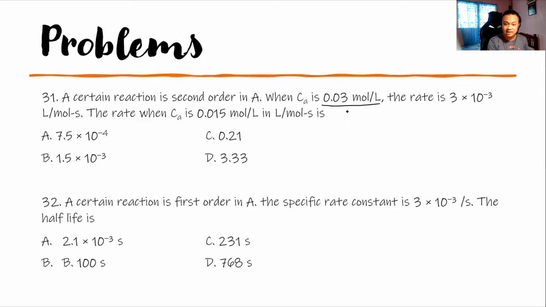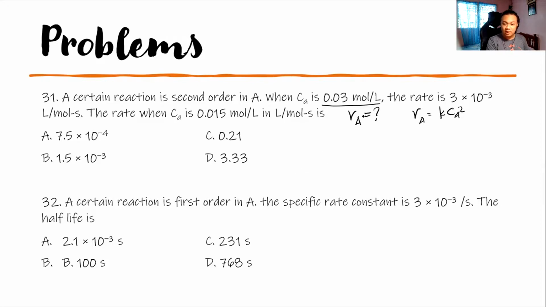So the rate is RA. We know if it is second order, and if we assume that it's an elementary reaction, then R is equal to kCA squared, right? Since it's an elementary reaction, it is second order.